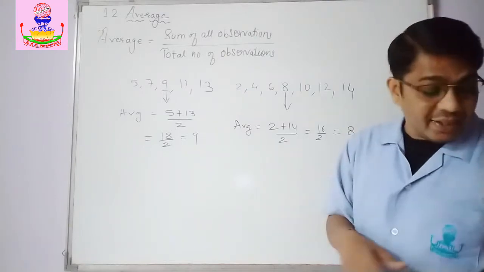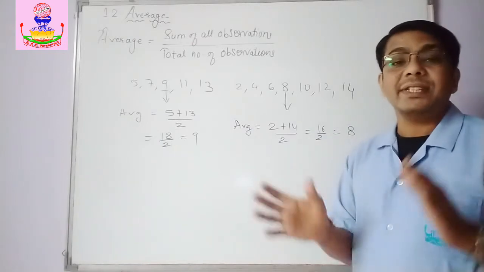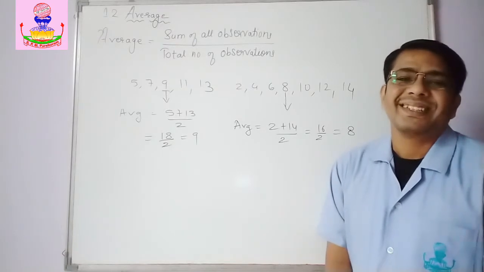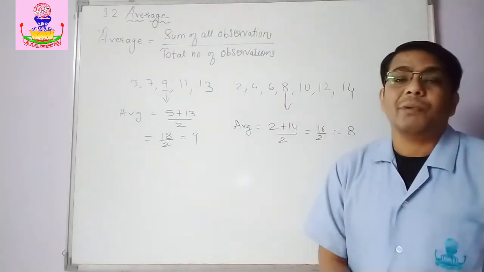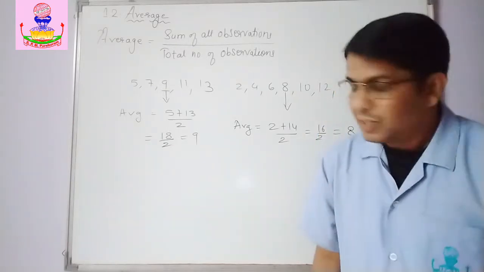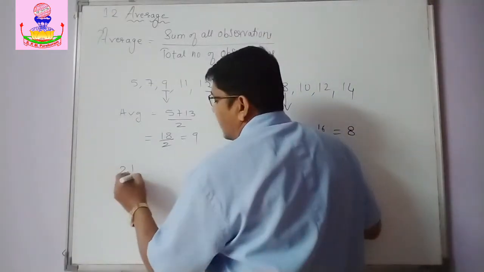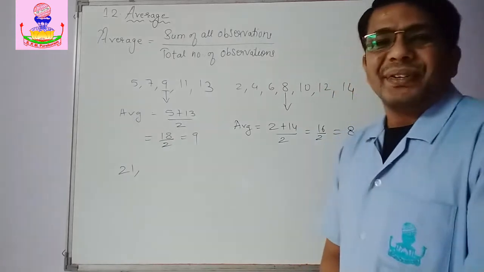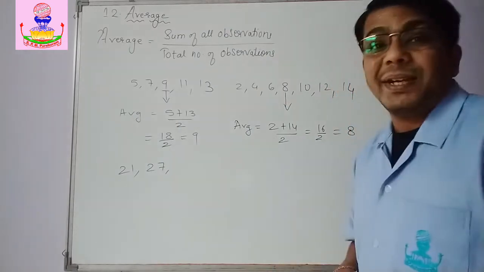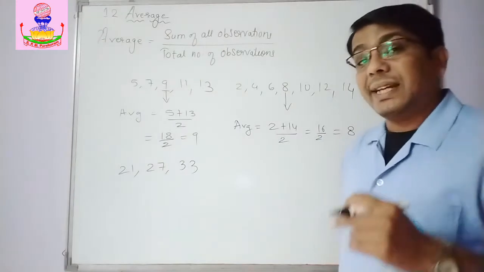Mind well, here there is a common difference. So this is another clue: if there is a common difference between the numbers, and if the number of observations is odd, then the middle number is the average. For example, suppose 21, 21 plus 6, 27, 27 plus 6, 33. Common difference is there. What is the average of this?